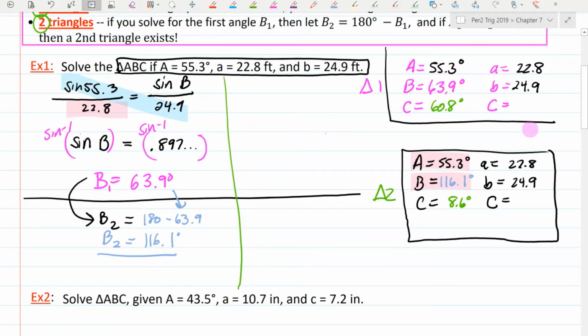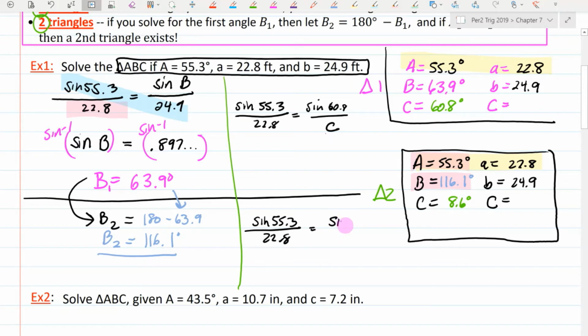So now all we have to do is have one more equation each to find the C side. And we still use this part to start because that's the part that was given in the first place. So for the top, sine of 55.3 over 22.8, and then sine of C, 60.8 over C. Second part, same thing, and then sine of C, which is 8.6 over C. So when you cross multiply, this times this, divided by that.